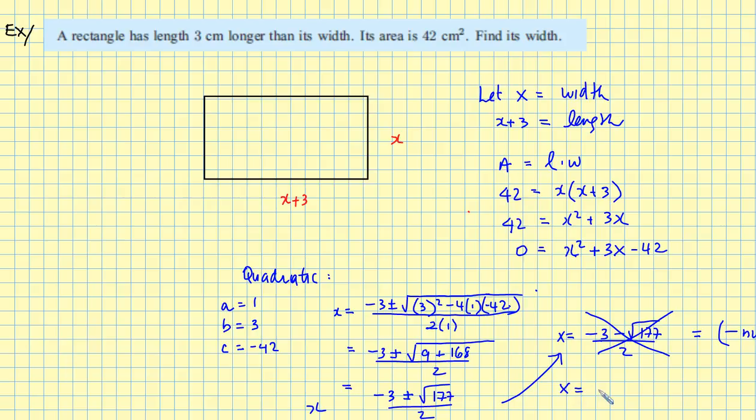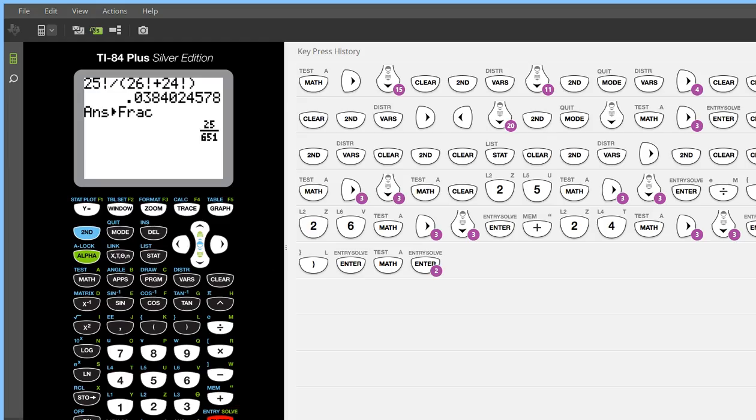But if I do x is equal to negative 3 plus the root of 177, all divided by 2, that'll give me negative 3 plus, again, approximately 13 point something. I don't have a calculator with me right now, but I could just open it up very quickly.